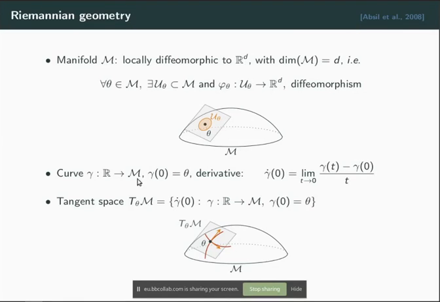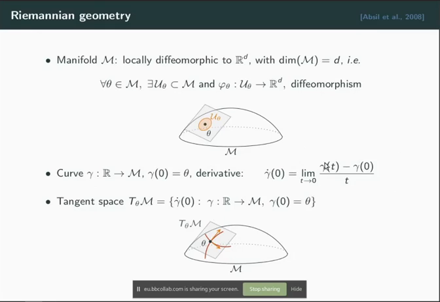And from there, we can define some curves on the manifold, which are from the space of real numbers to the manifold. Such that we have some starting points here, and we can define the derivative in a classical way of the curve here.